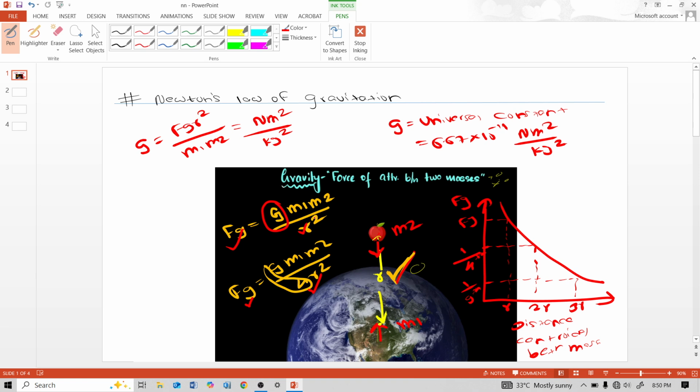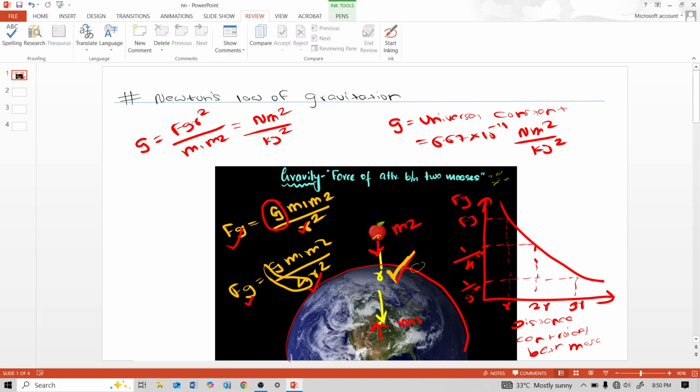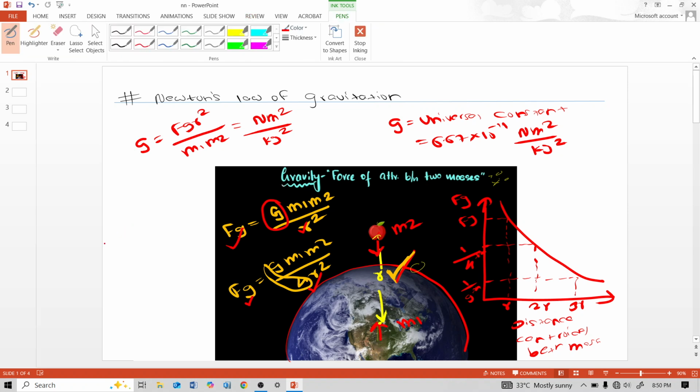And remember the mass of the earth. What is the mass of earth? Mass of earth is 6 into 10 raised to 24 kg.